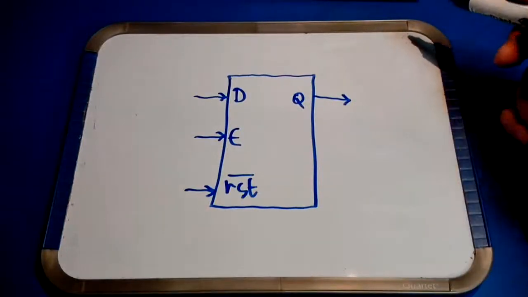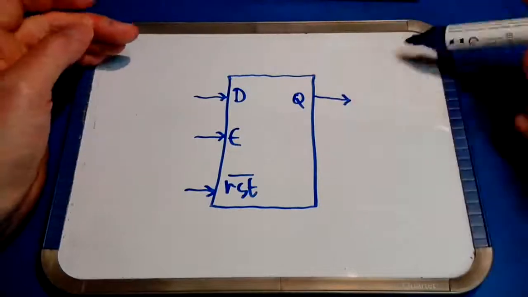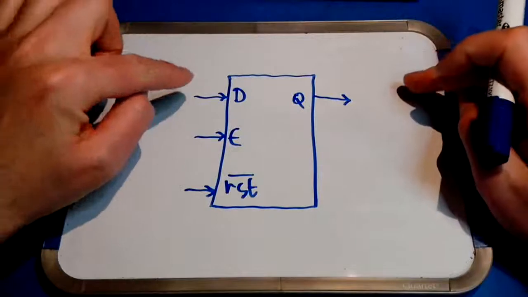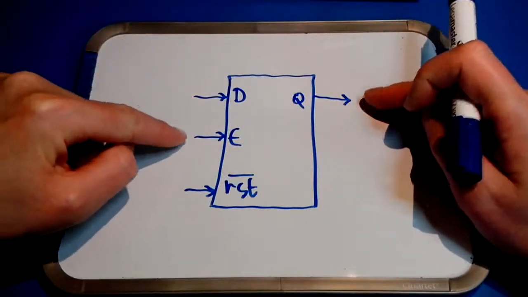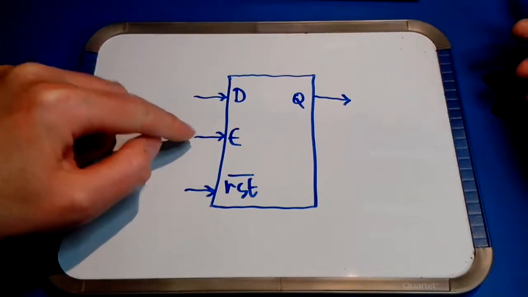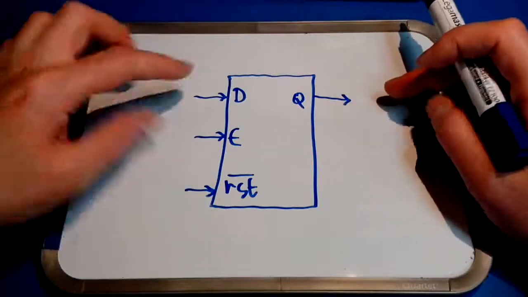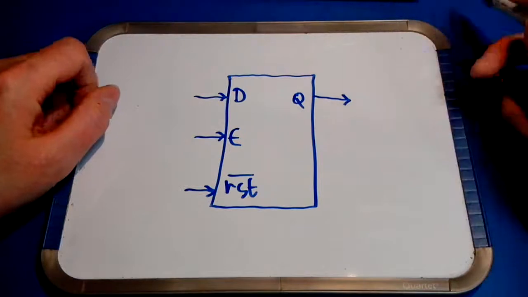Now, in terms of functionality, you can look up on Wikipedia, for example, how this block works, but in short, the input D is copied to the output Q if and as long as input E is activated. In other words, if input E is activated, the latch is transparent. Whatever change occurs in the input occurs at the output.